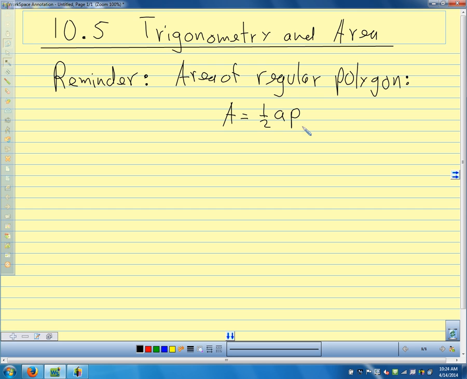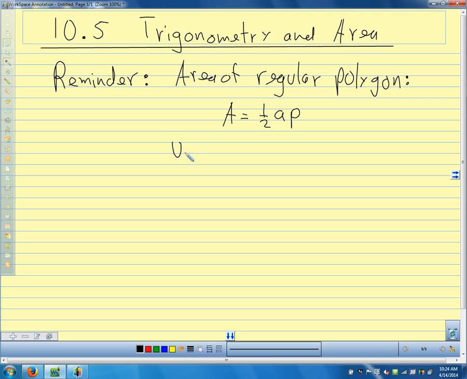If the problem is nice and they give us the apothem and they give us the perimeter, we just need to plug into this formula. Often we'll need to find one or the other of these pieces to find our area. We talked about some special cases.